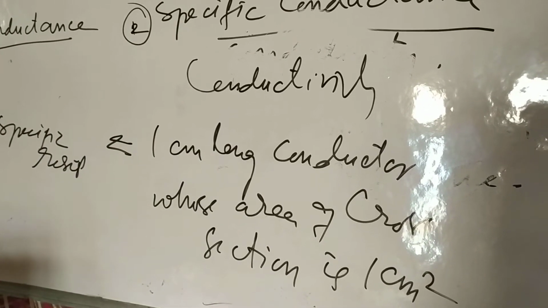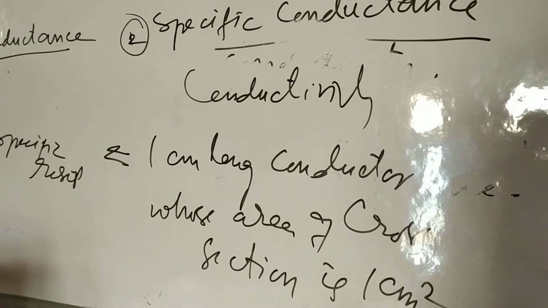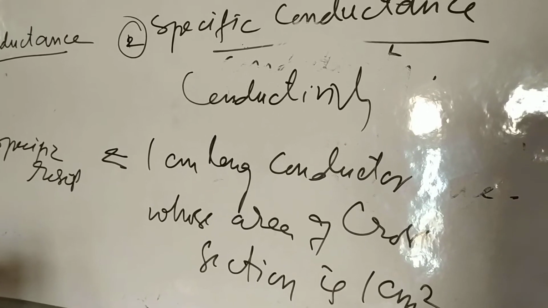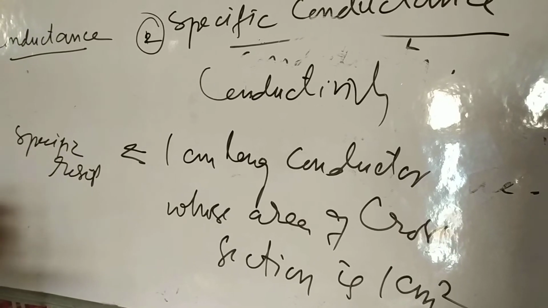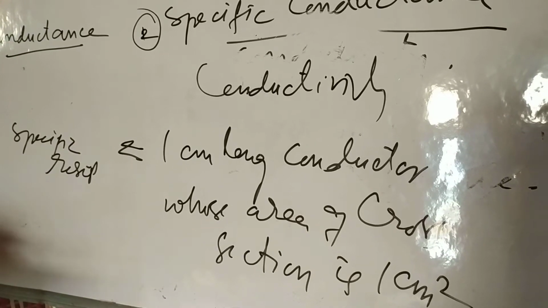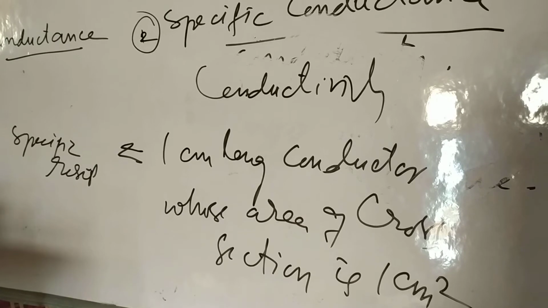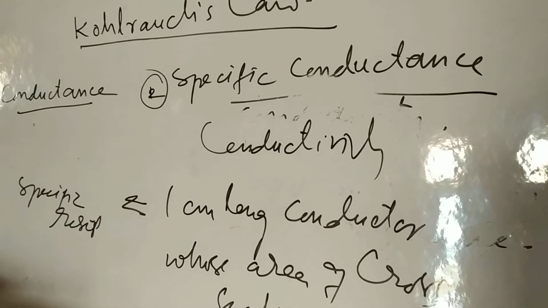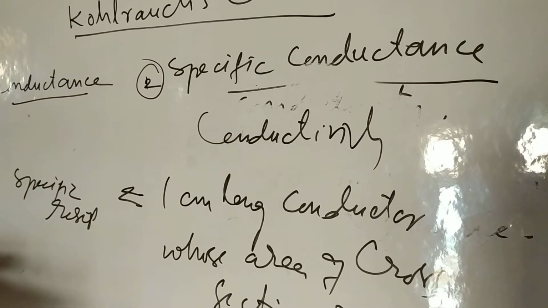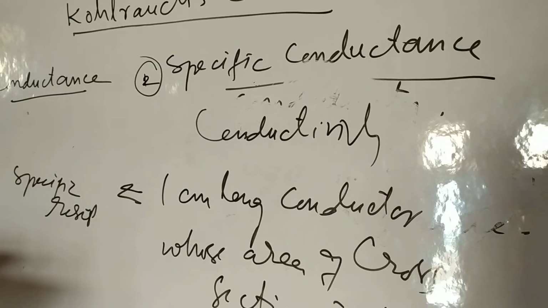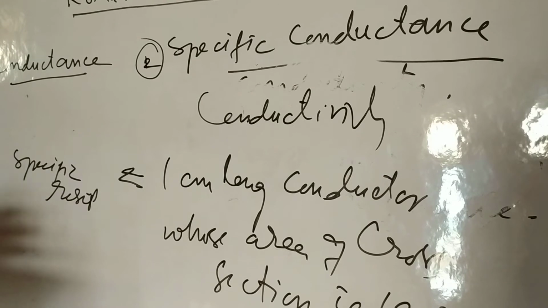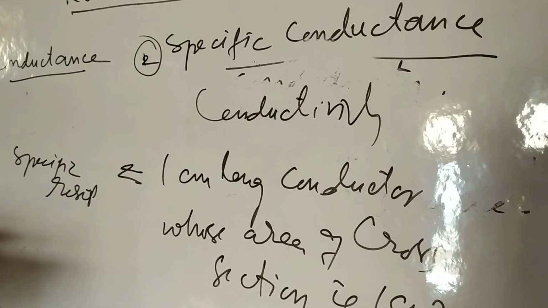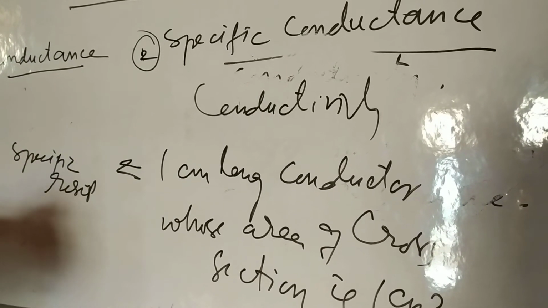Why do we need specific conductance and specific resistance? If we want to compare the conductance or resistance of two conductors of the same material but of different lengths and different areas of cross section, we will get different values, since conductance as well as resistance depend upon length as well as area of cross section.